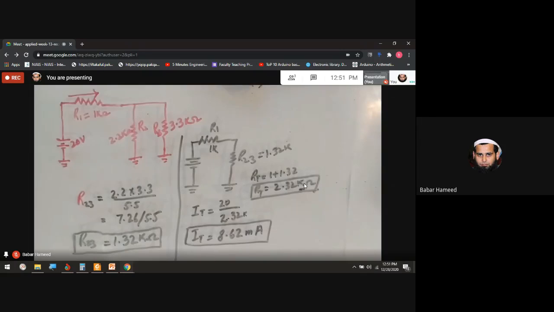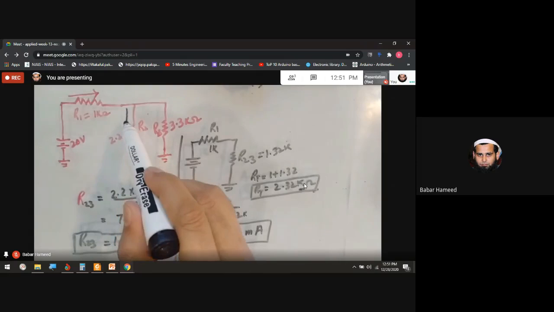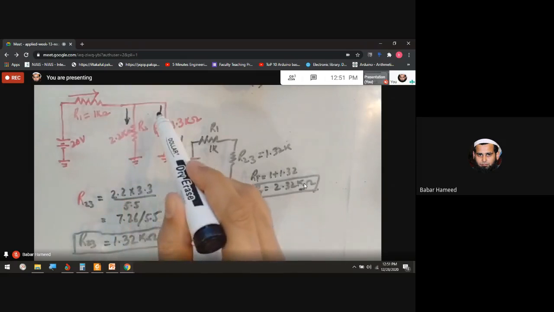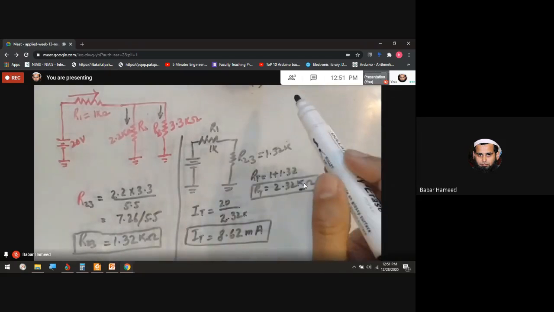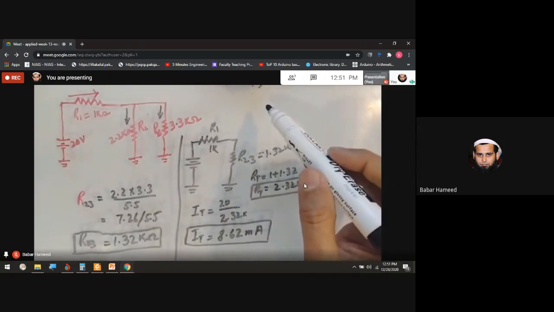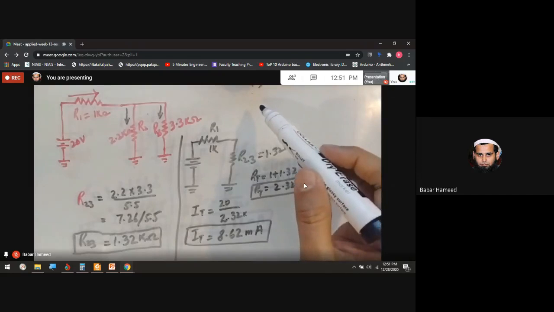No, not at all. We have just found IT. Now I have to find I2, that is our actual task. And what can we do? We can simply apply the current divider formula here.